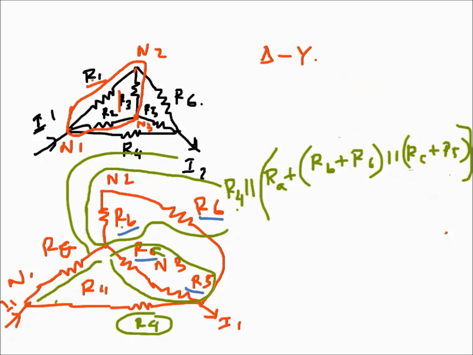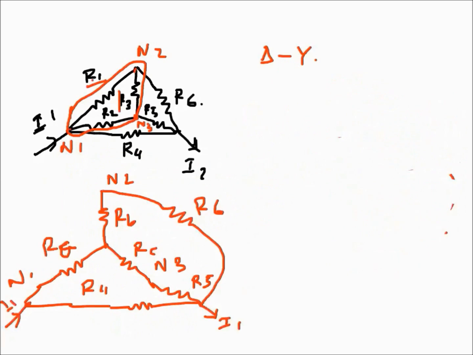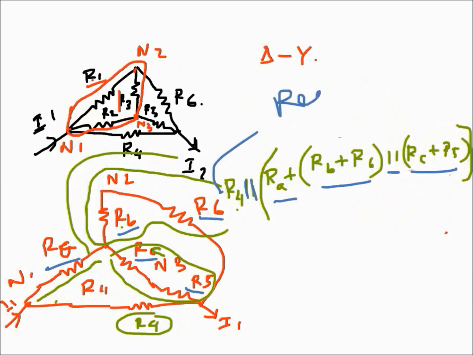That equivalent resistance is again in series with RA, and RA with this series-parallel combination is again in parallel with R4. So that's the equivalent resistance. The ultimate equivalent resistance is this thing.